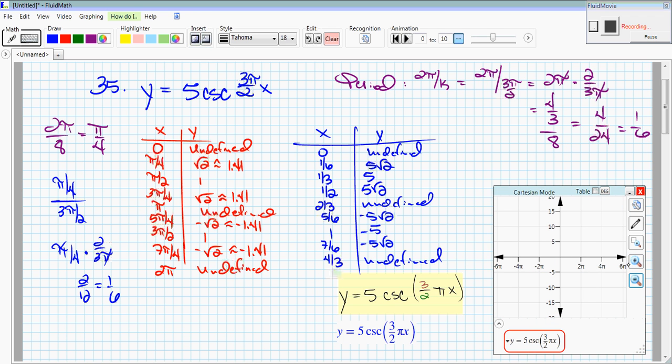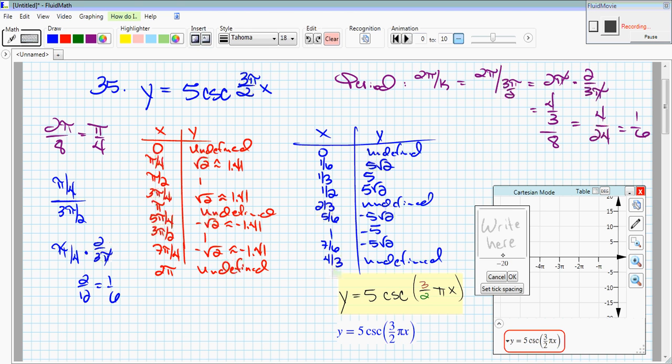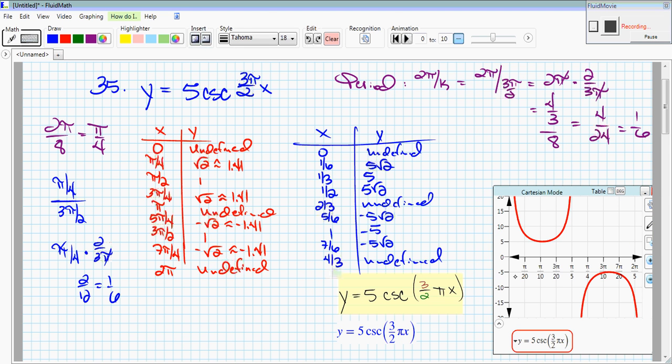Alright, we saw them there for a second. So let's try to change this. Let's go to 4/3 here. Go to 0. There we go. The window was off, so we couldn't see it. Now, what we want to do is count by 1/6. So we'll set the tick spacing.